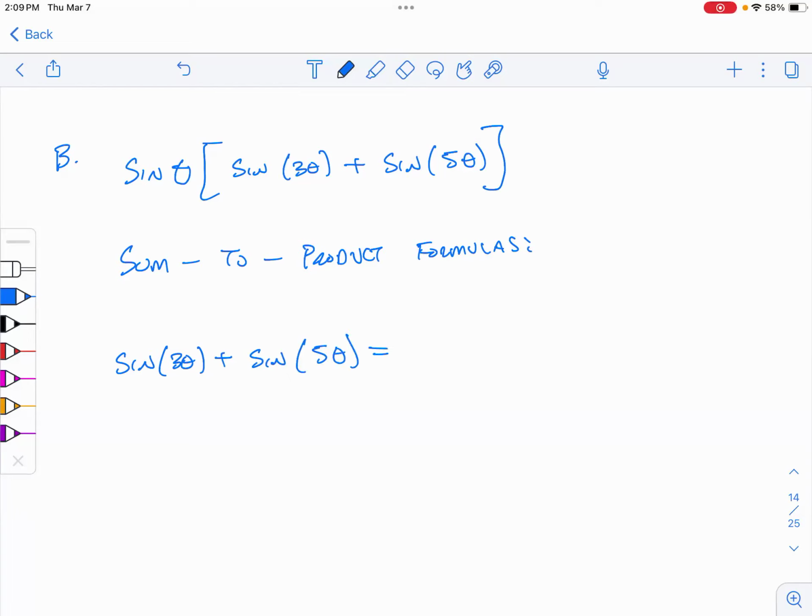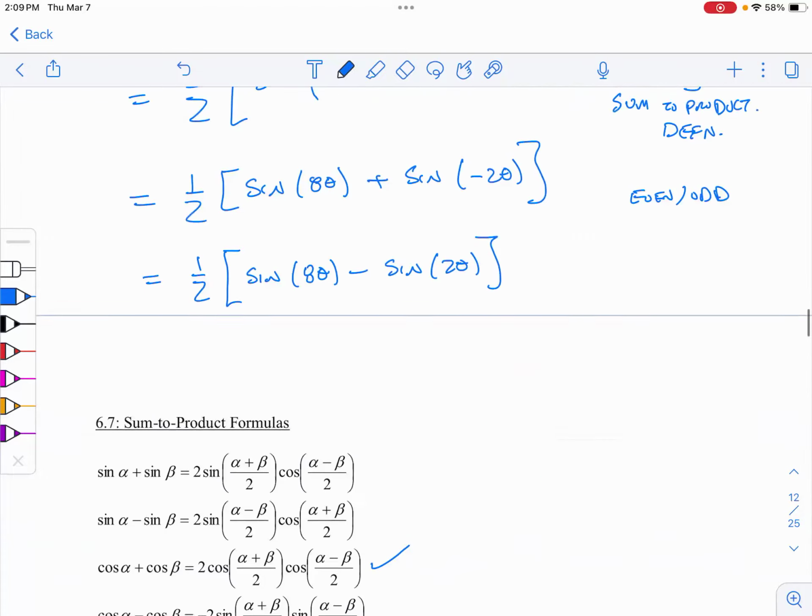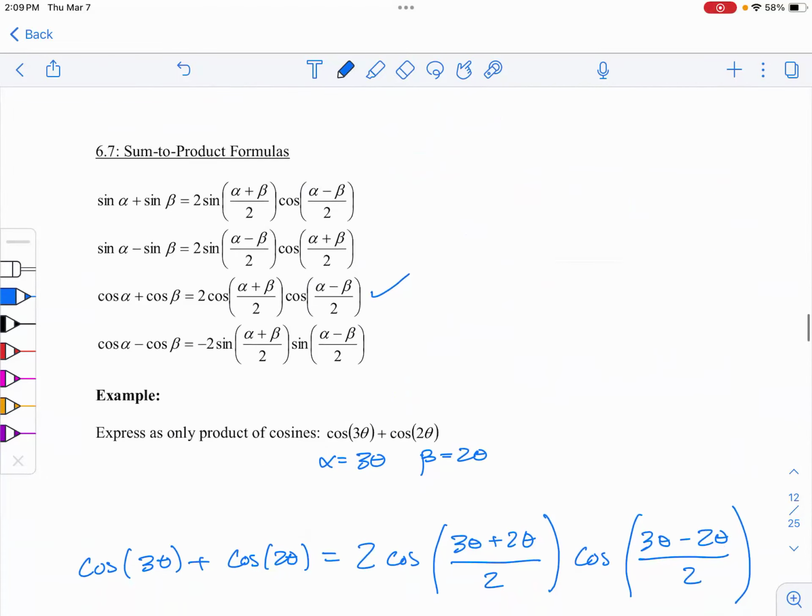All right, and specifically, I have sine plus sine, which means actually I'm going to use the first one. And again, that just means identify alpha, identify beta: alpha 3 theta, beta 5 theta, or vice versa.